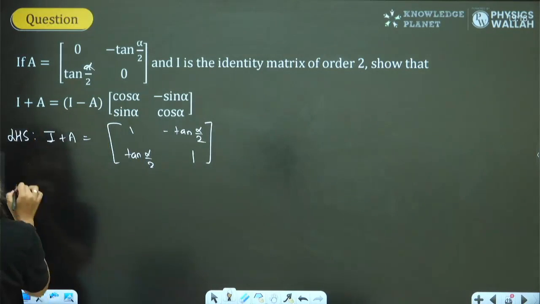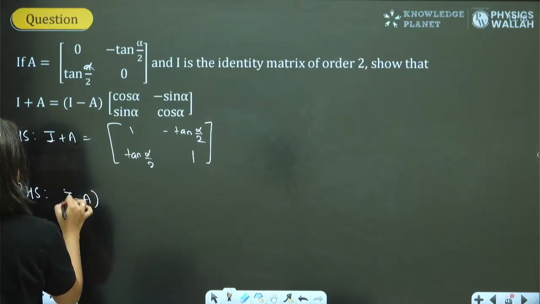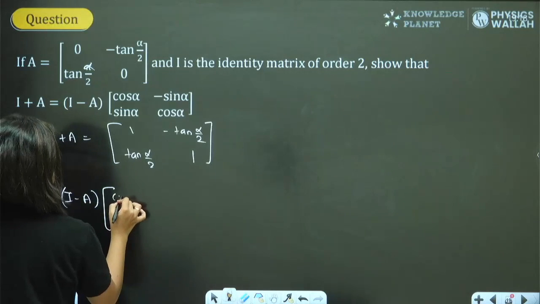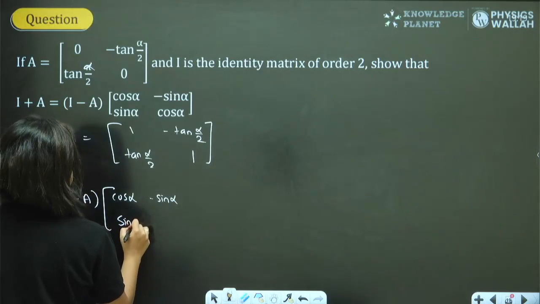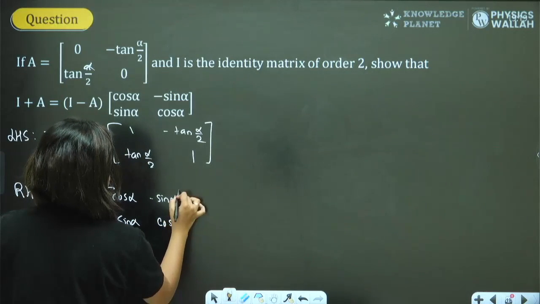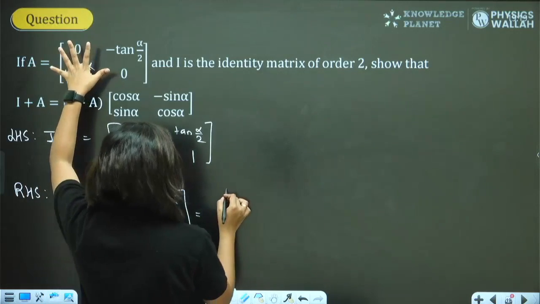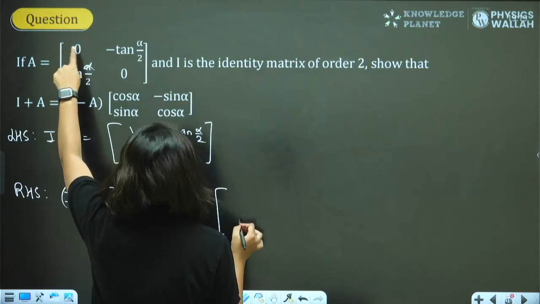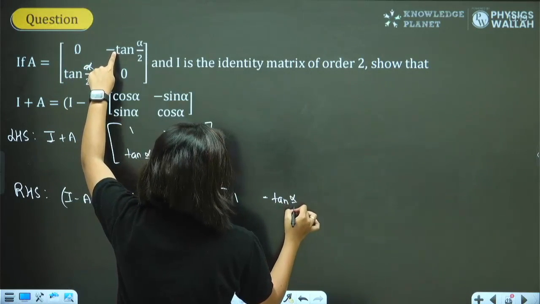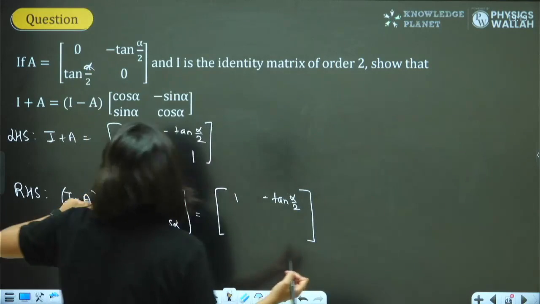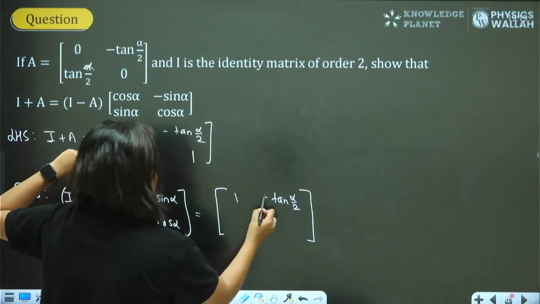Let's go for the RHS. The RHS is I minus A into something. Well, let's quickly calculate I minus A. Alert, it's going to be a little lengthy. I minus A, do it mentally. This is A present in front of you, right? Subtracted from I. 1 minus 0, 1. 0 minus of this will become plus.